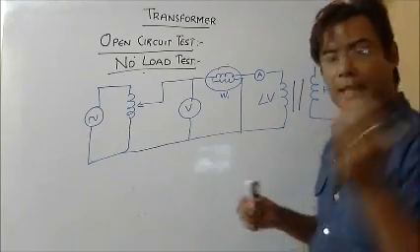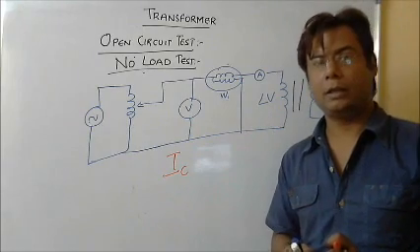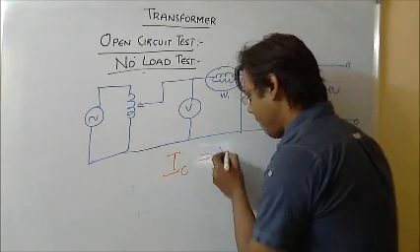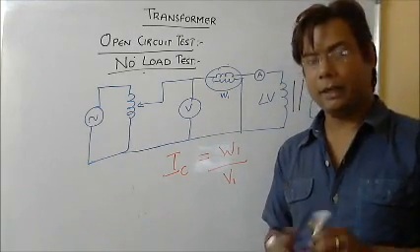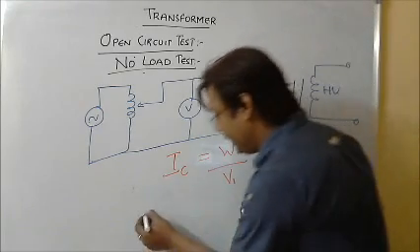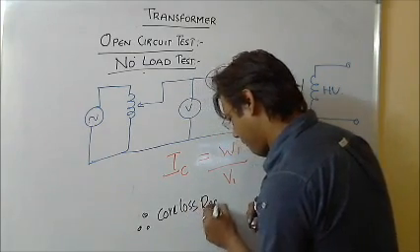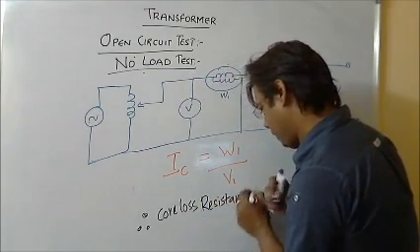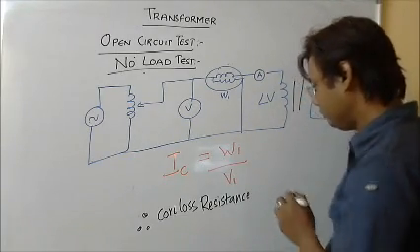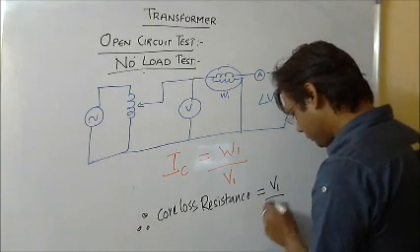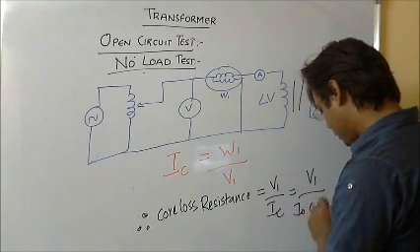From this I can get directly that Ic, the core loss current, equals W1 upon V1. So I will get the core loss resistance R0 as V1 upon Ic, which equals V1 upon I0 cos phi.